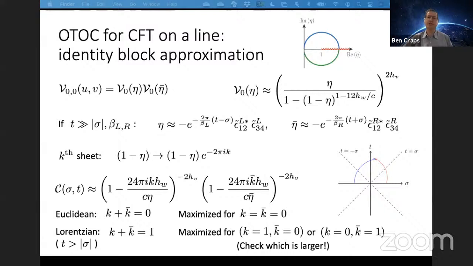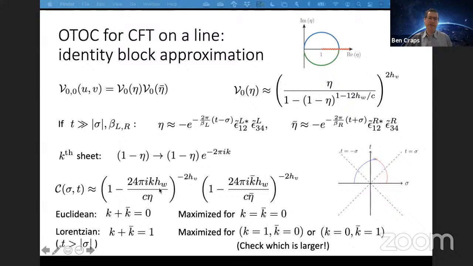If you go to other sheets, then you get a much more non-trivial structure where in the OTOC, which is this product of left and right V naught, you get not just one, but one minus something that goes like 1 over eta, which grows exponentially.